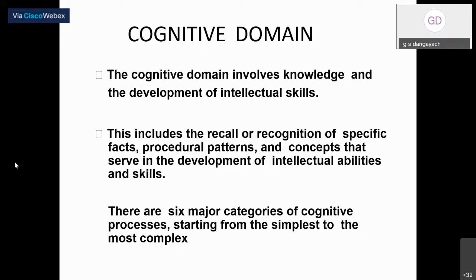This includes the recall or recognition of specific facts, procedural patterns, and concepts that serve in the development of intellectual abilities and skills. There are six major categories of cognitive processes, starting from the simplest to the most complex.